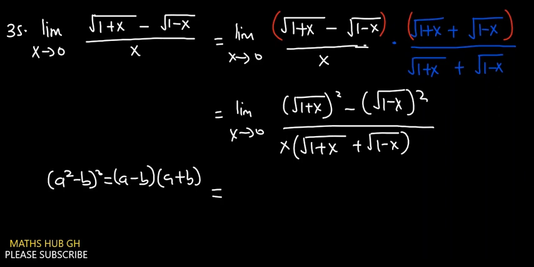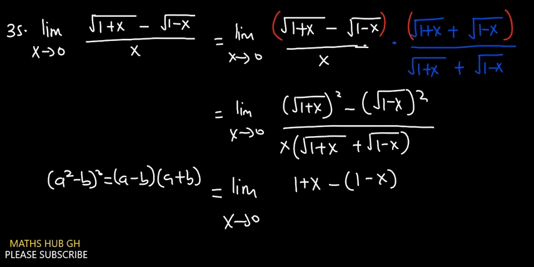At the end, we are just going to have the limit as x approaches 0 for 1 plus x minus, bracket open, 1 minus x.